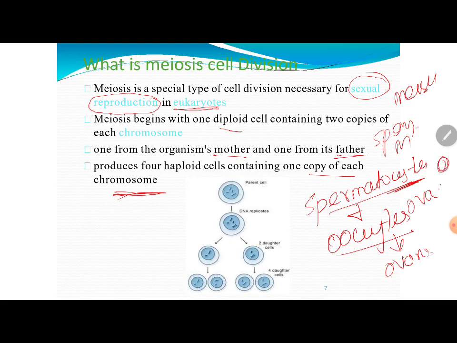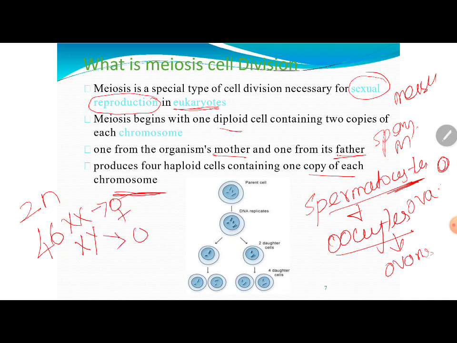Now what is the human diploid chromosome number, which we call 2n? It is 46XX or 46XY. If it is XX, it is female.